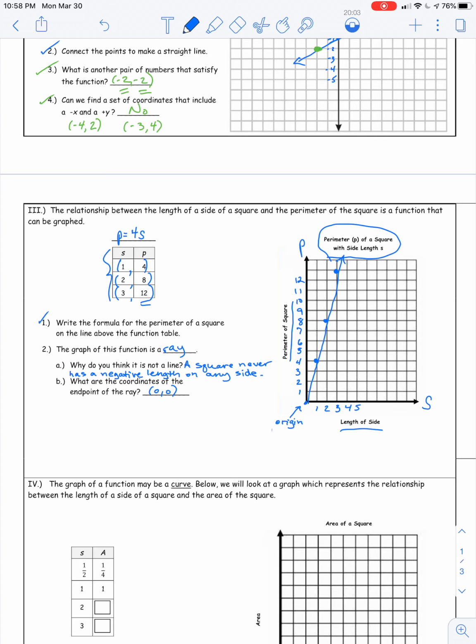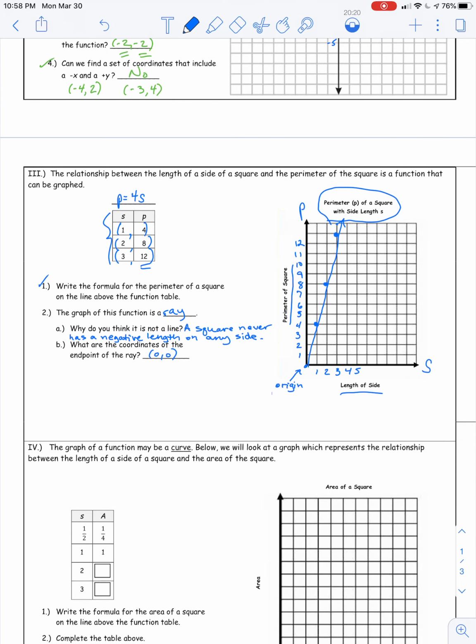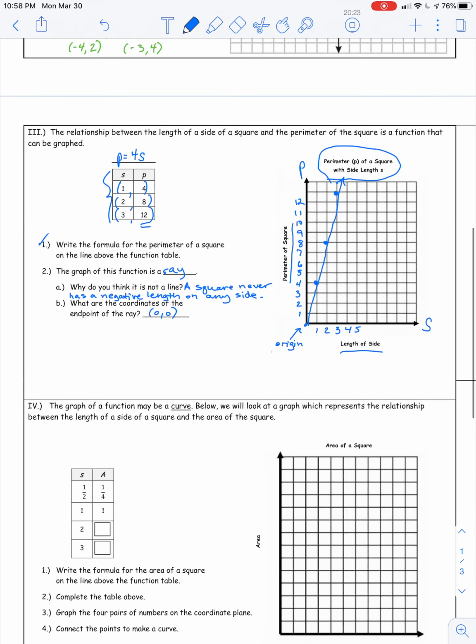Your perimeter gets larger as your side lengths get larger. In fact, your perimeter is going to increase by 4 each time your side length increases by 1. Okay, so you can see that relationship in the graph as well.